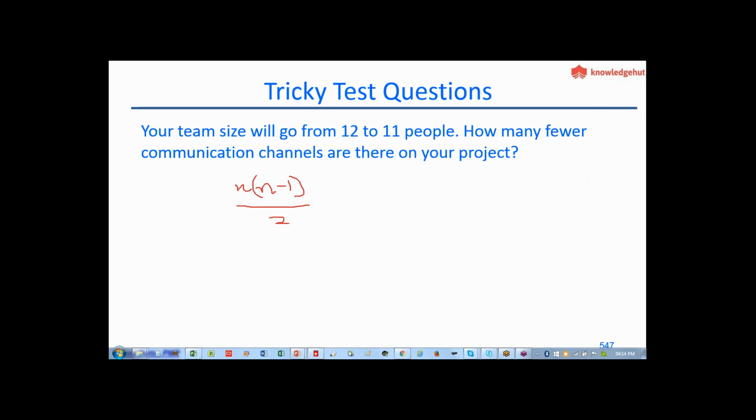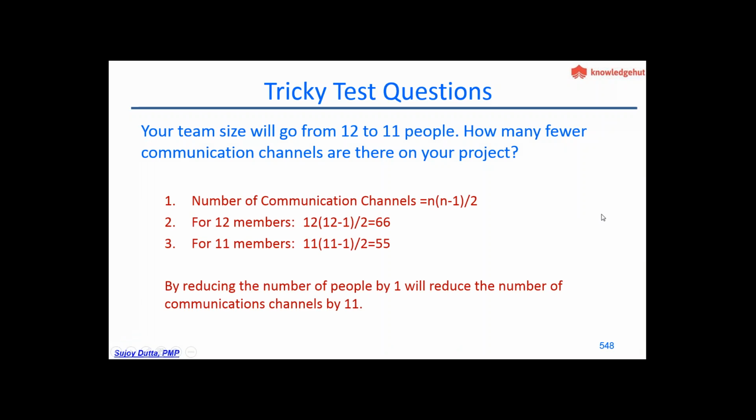Yeah, 11. So that is basically the reduction in the number of channels. So this is how you get it, right?